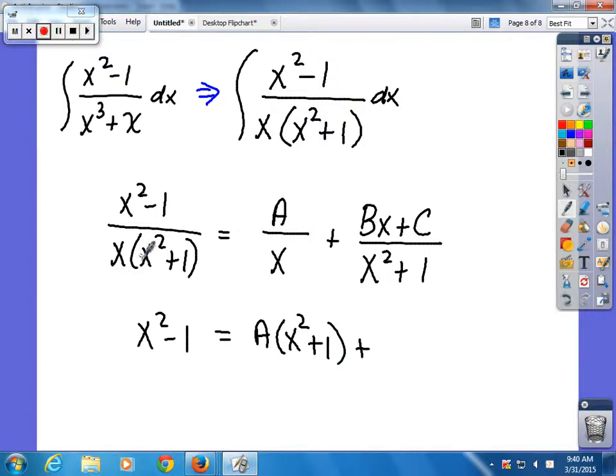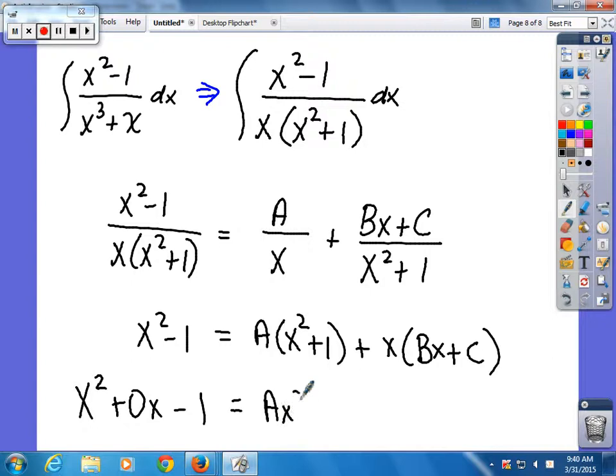That's over here. x times what? x times bx plus c. x squared plus 0x minus 1 is equal to ax squared plus a plus bx squared plus cx.